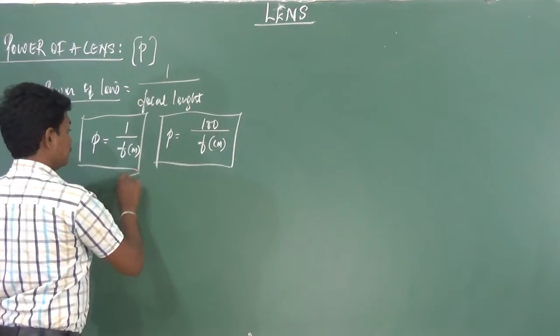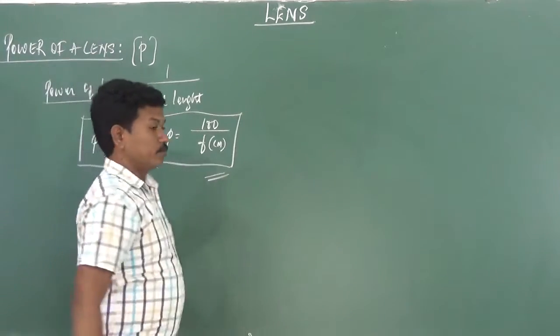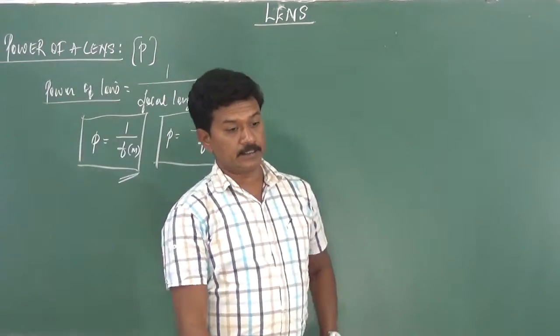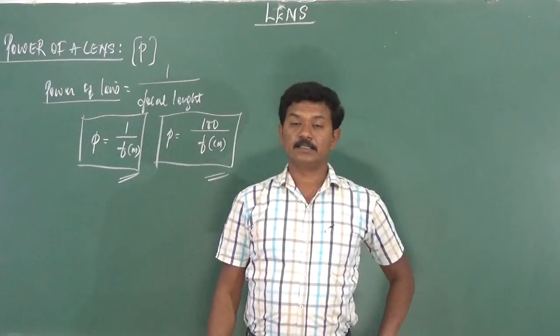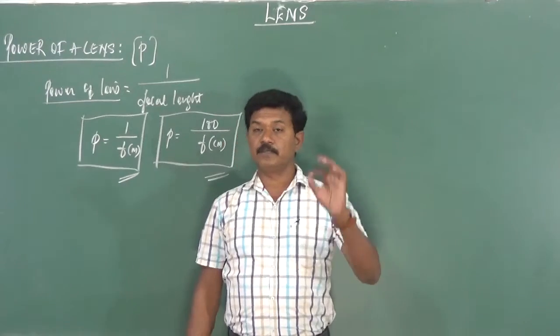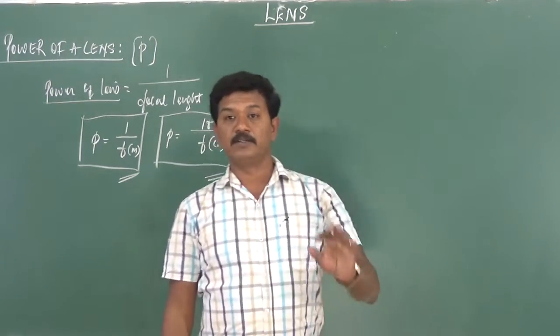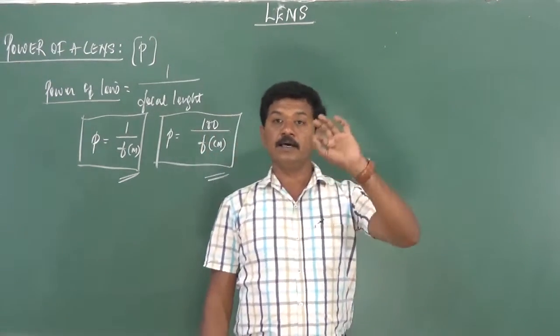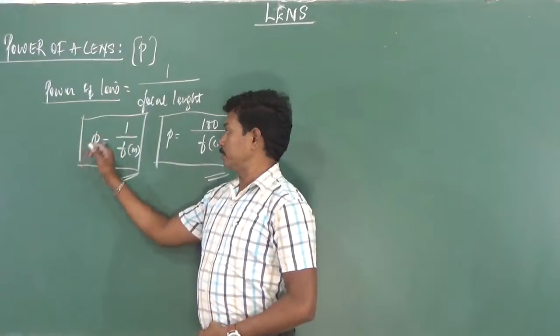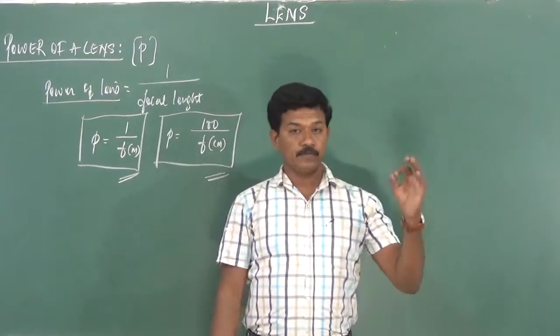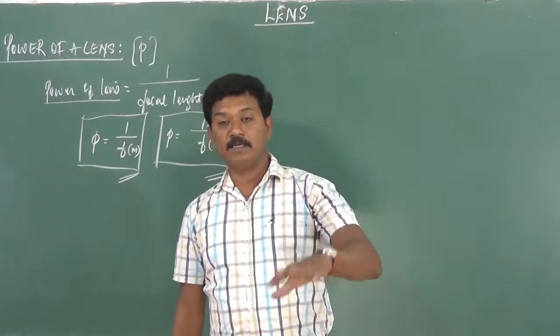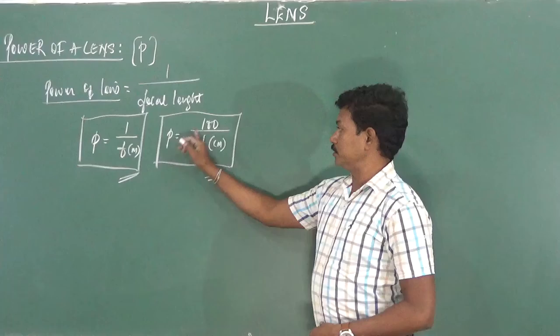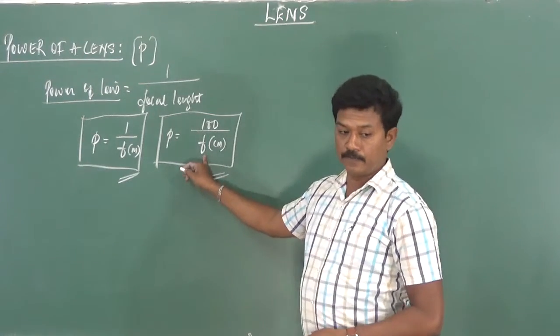So these are the two formulas to measure the power of a lens. Very simple. If the focal length is in meters, the formula is P = 1/f. If the focal length is in centimeters, the formula is P = 100/f.